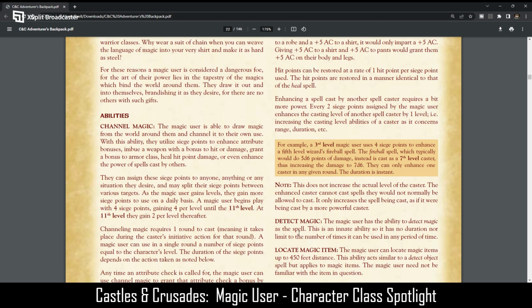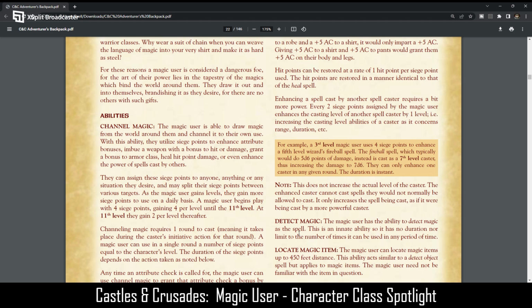They can assign these siege points to anyone, anything, or any situation they desire, and may split their siege points between various targets. As the magic user gains levels, they gain more siege points to use on a daily basis.